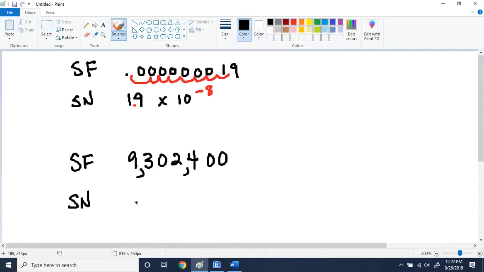So scientific notation would be 9, 3, 0, 2, 4, times 10 to a power. Place your decimal. Count your jumps to the right. 3, 4, 5, 6. And that's it. Simple steps from converting standard form to scientific notation.